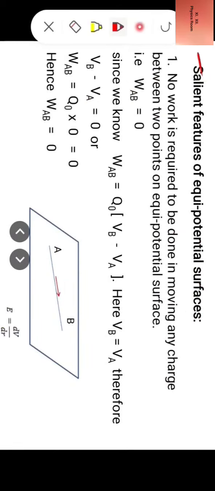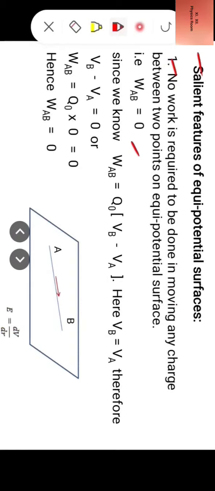Now, salient features of equipotential surfaces. Number 1, no work is required to be done in moving any charge between 2 points on an equipotential surface. That is, WAB is equal to 0.